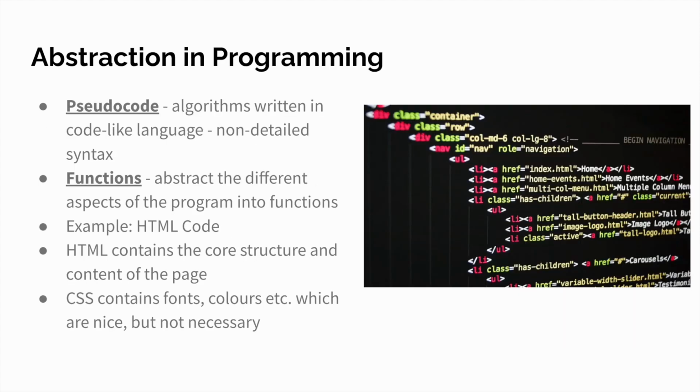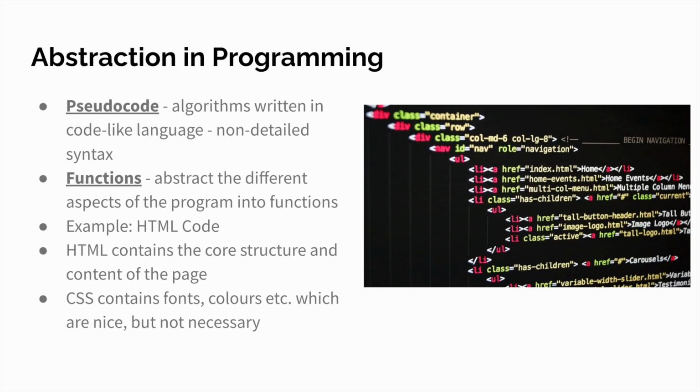In programming then, we can use things such as pseudocode, which are algorithms written not in actual code, but in language very similar to code. You have probably written pseudocode before yourself to go through the steps of a problem.